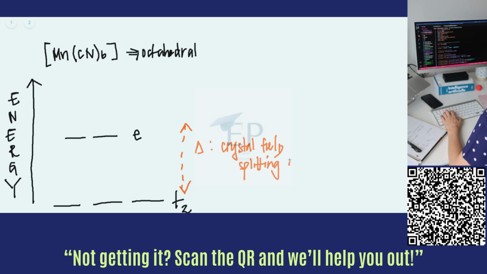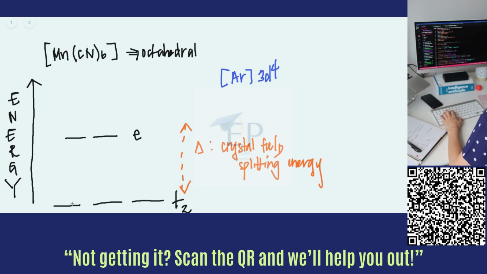Okay, so now, how many electrons do we fill into our crystal field diagram? Well, we know that because we've already done our electron configuration, which was like so, all right? So we have 4 valence electrons that we need to fill into this diagram, okay? And we can do that one of 2 ways.